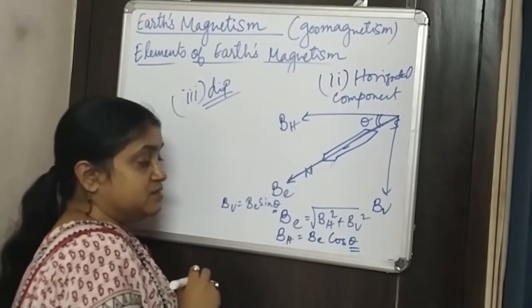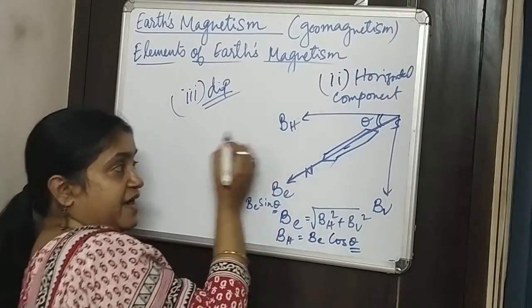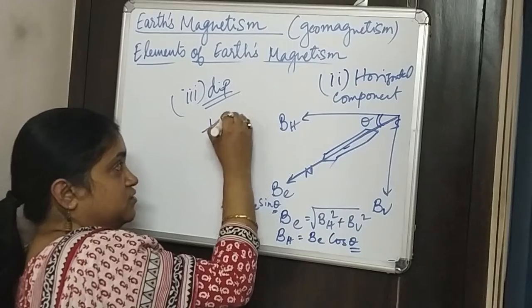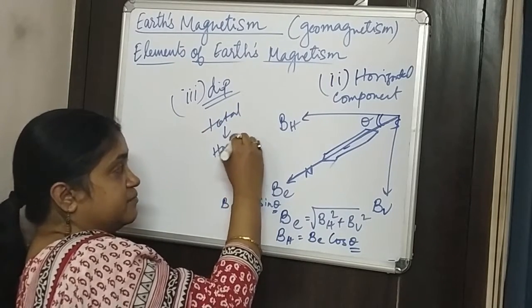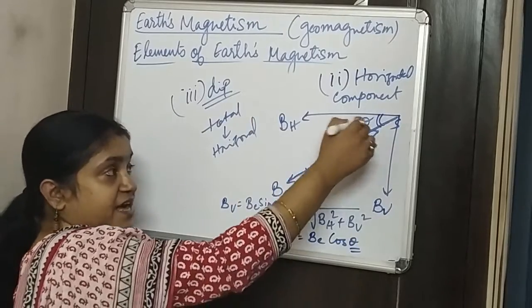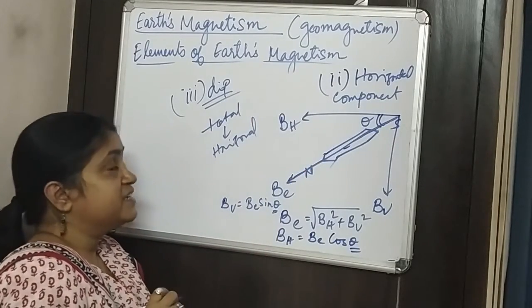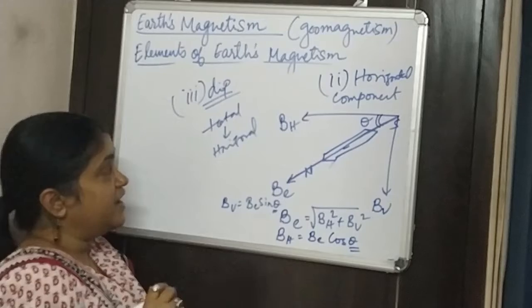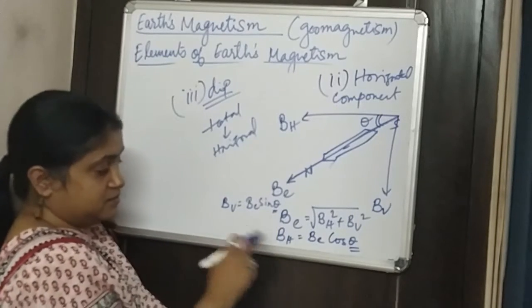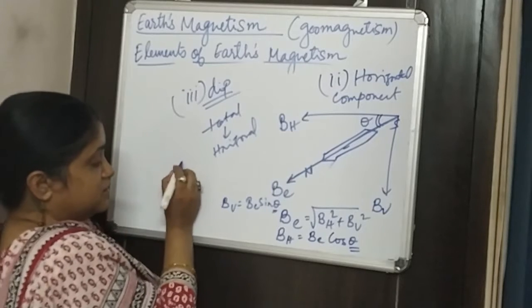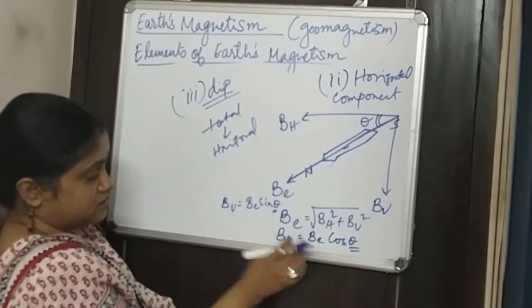So this theta, the angle between the total magnetic field and the horizontal magnetic field, is what is called magnetic dip, and this is calculated by a particular formula.